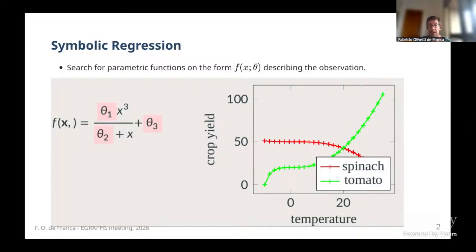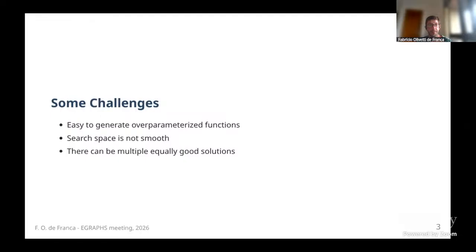This is quite informative for science because we not only can understand better how the phenomena works, but we also can compare the same phenomena for different populations. So in this example, we can compare how the behavior of the spinach and the behavior of tomato differs. So this is an important tool for science.